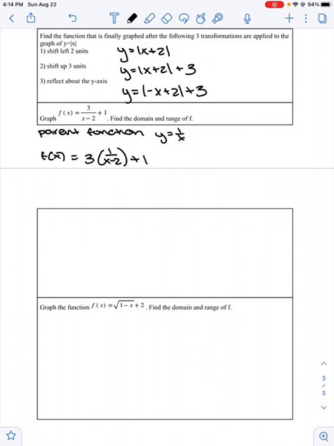So we already know our parent graph. So let's talk about what the 3 does. So y equals 3 times 1 over x. We're multiplying f of x by 3.